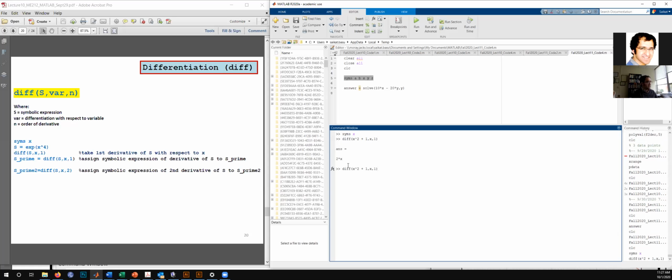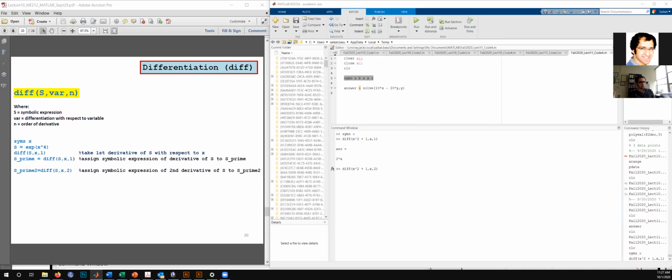On the other hand, if we take a second derivative of this function, can you tell me what should be the expected output? Anyone? Yeah, someone wrote, yeah, Justin. So just 2.